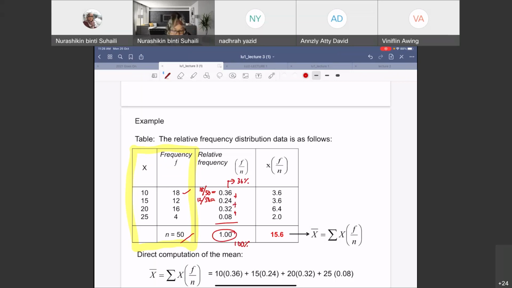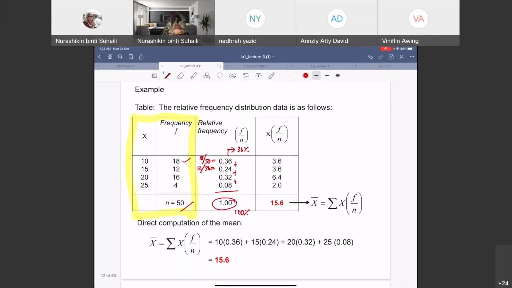Now, if you want another way to find the mean, you can use this formula. So what does this formula mean? This is f divided by n, which is this one, and x here is referring to this value.